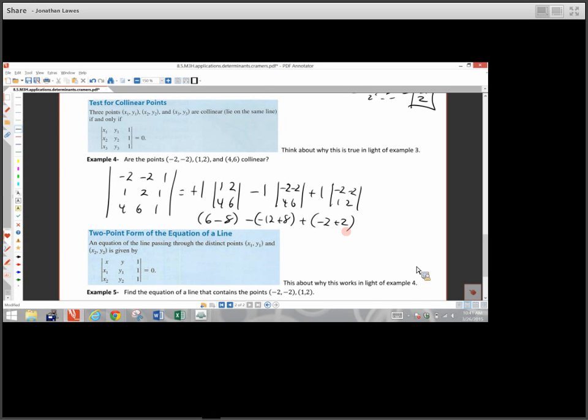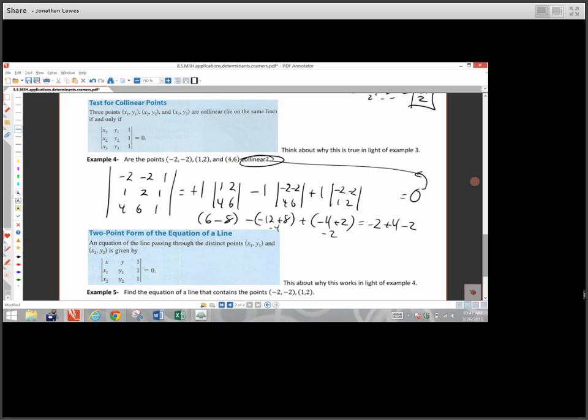No, because the -2 should be a -4. Thanks. Yep, silly arithmetic mistakes. We good here? Okay, so we've got -2. This would be -4, but that's going to turn into a +4. This is going to be -2. So we end up with 0. So what does that mean? Collinear. They are on the same line. Okay? Everybody good? Yep. Okay.